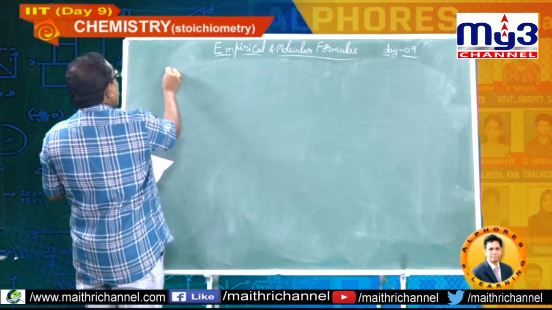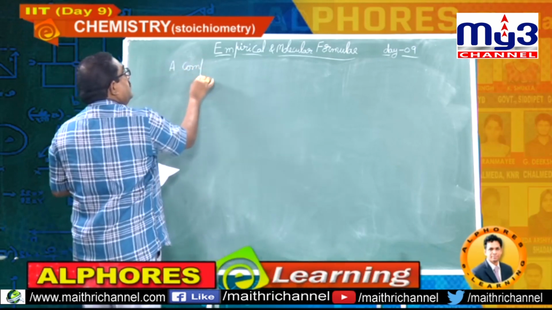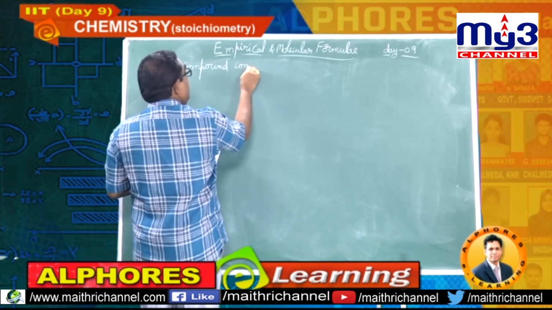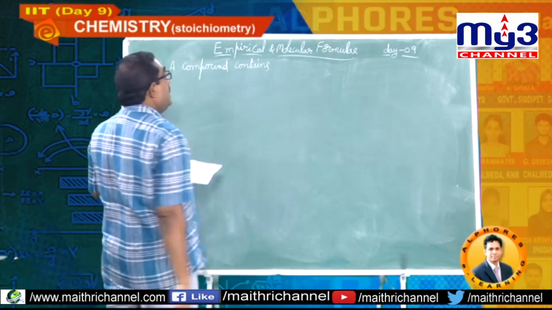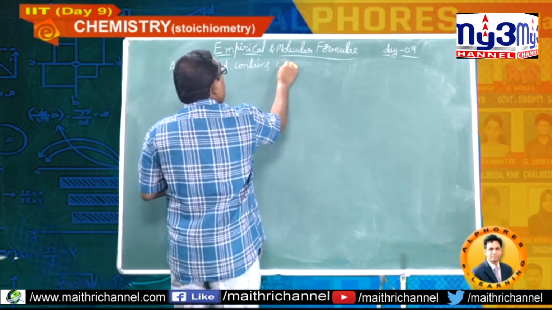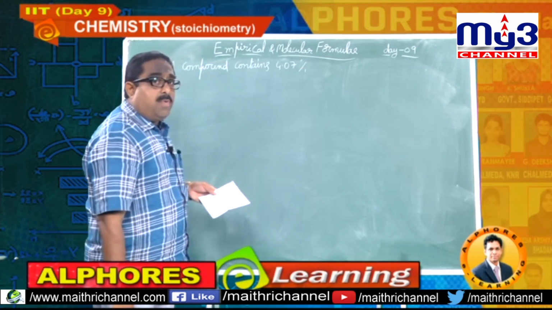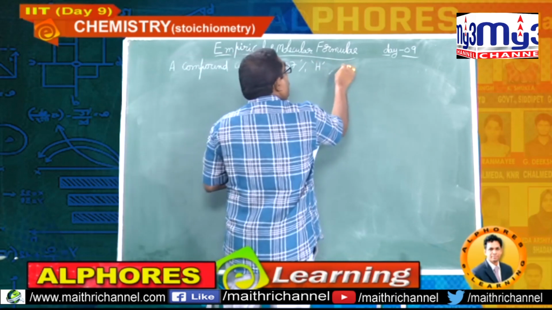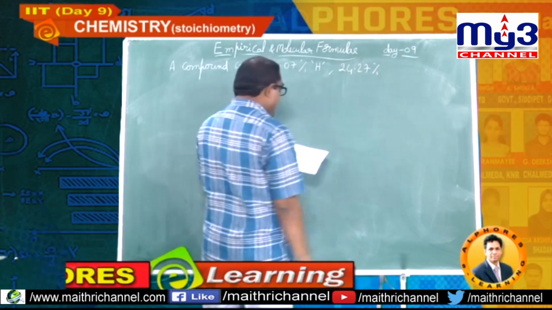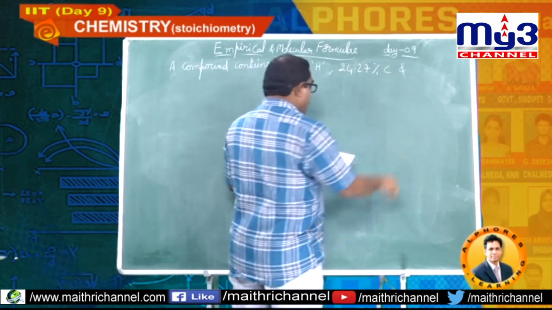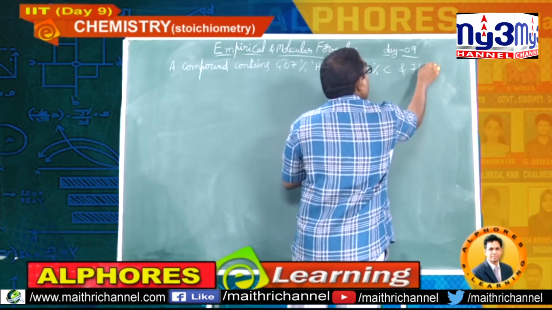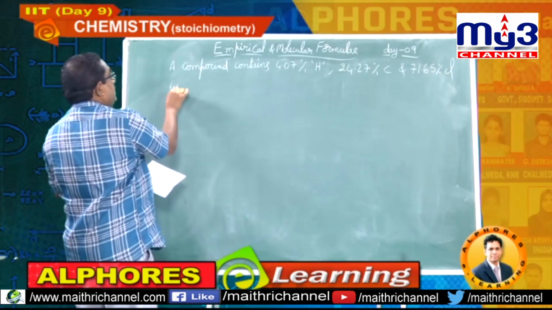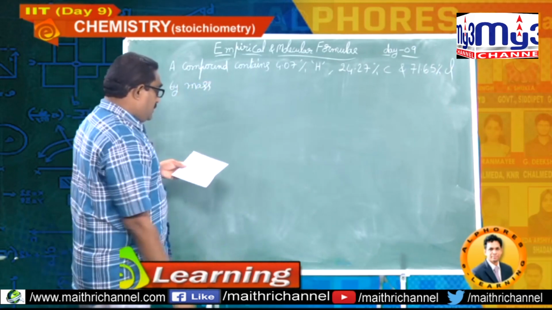Write down, students. A compound contains 4.07% hydrogen, I am writing H, hydrogen, comma, 24.27% carbon and 71.65% chlorine by mass.